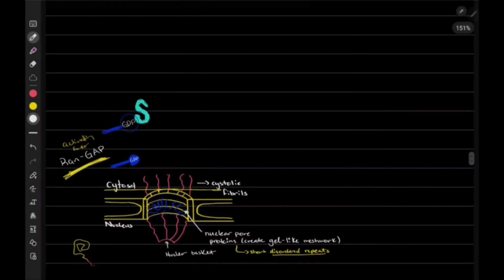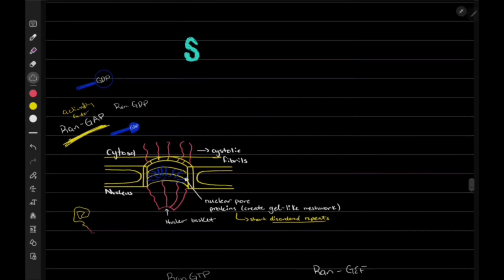Now that it's GDP, RAN-GDP no longer has any affinity with the import receptor, so it's going to come off, leaving the import receptor to go and bind to other proteins and bring them in as well.